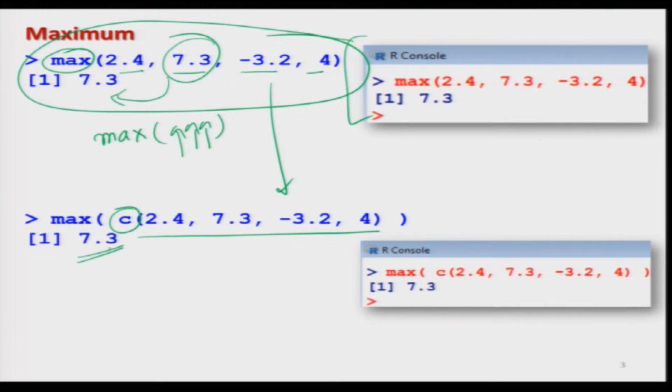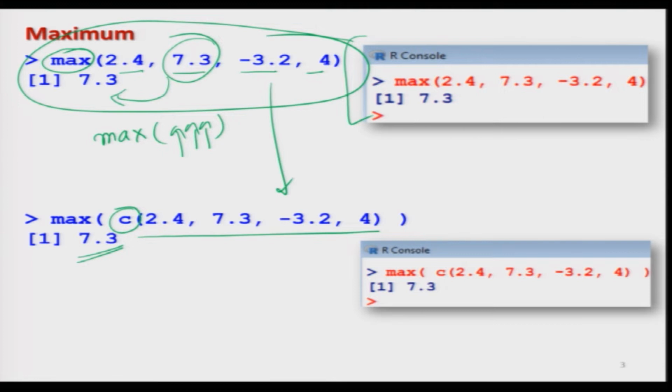So you can see that in this case I have two options: I can input the data using the C command or without using the C command, and it gives us the same answer.